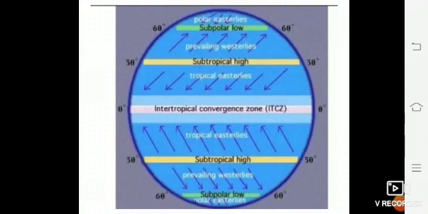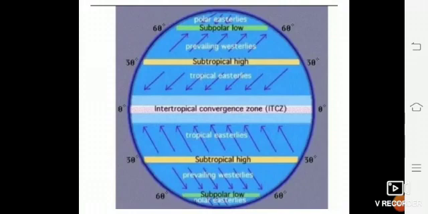Both the trade winds converge at a point near 5 degree north and 5 degree south of the equator, known as the intertropical convergence zone, that is ITCZ. ITCZ is always regarded as where the two trade winds meet.